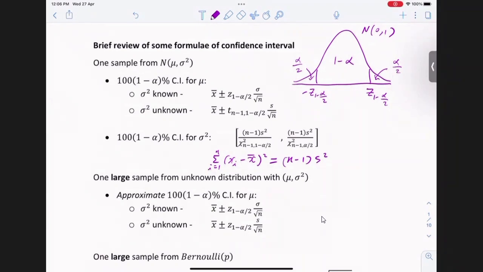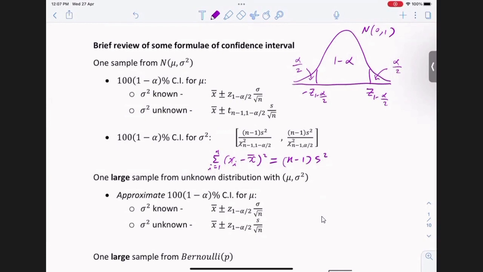Now, we can do it by using normal approximation in case the sample size is large. If the sample size is large, then we can approximately calculate a confidence interval for the population mean using the same formula. You see, this formula and this formula are the same if the population variance is known. But if the population variance is unknown, we'll use this formula, but the quantile is no longer t. We'll still use the normal quantile.